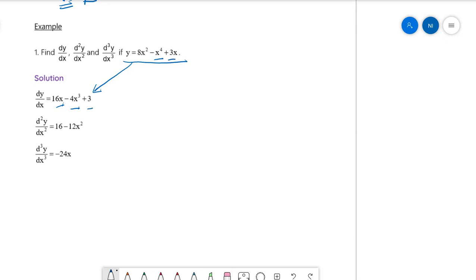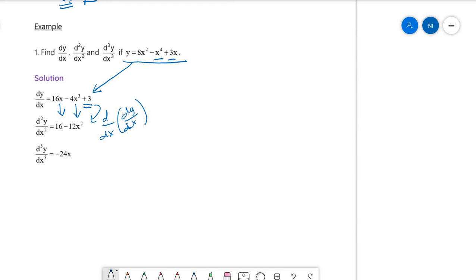Next we want to find the second derivative, which means we differentiate the first derivative, d/dx of dy/dx. Hence differentiate 16x will be 16, negative 4x cubed is negative 12x squared, and differentiate a constant will be equal to 0.